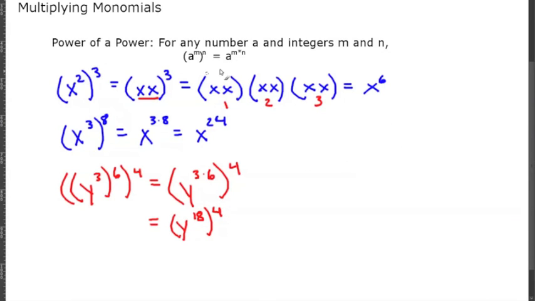And now it looks a lot like our formula. We have a single number or variable raised to a power and then raised to another power. So now we just multiply those together. So y to the 18th to the 4th is really y to the 18 times 4, which is y to the 72, or y to the 72nd power. And that would be our answer for this monomial.